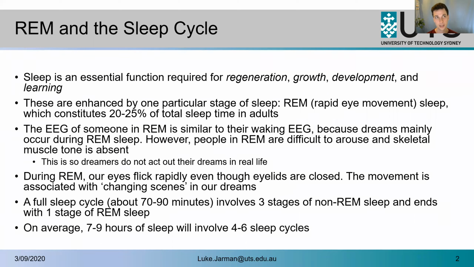So if you were perceiving a train coming towards you in a dream, if you didn't have this lack of muscle tone, then your body would physically launch itself out of your bed and basically hurt you. So it's a really important adaptation that we have in response to dreaming. But more on dreaming later.